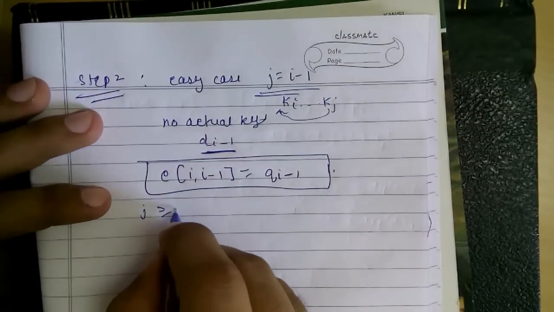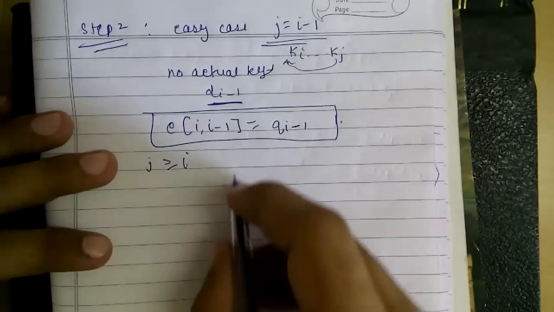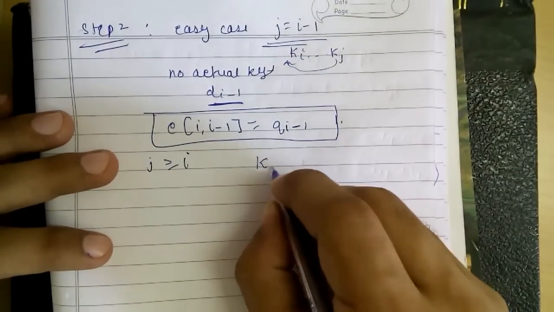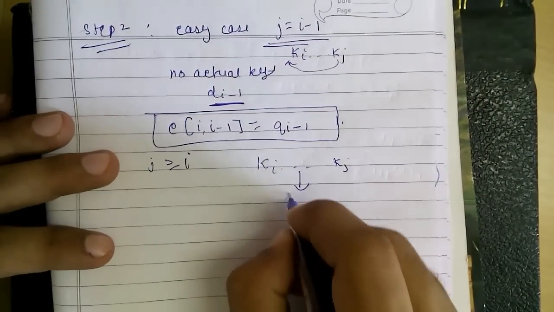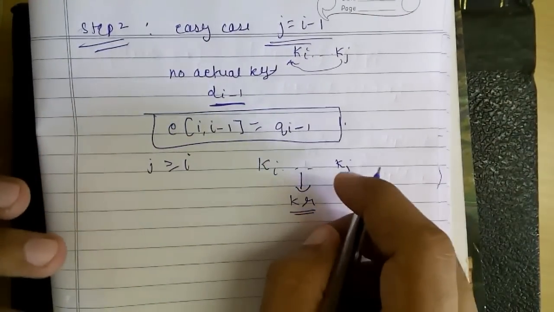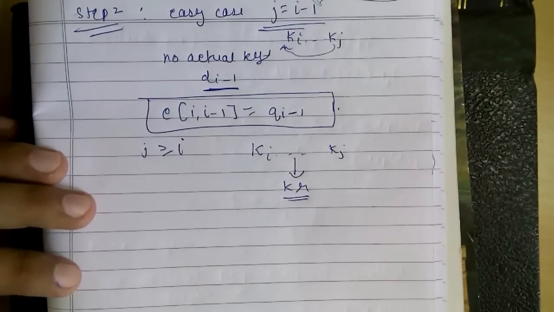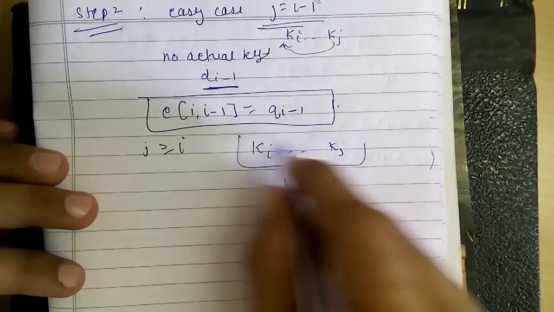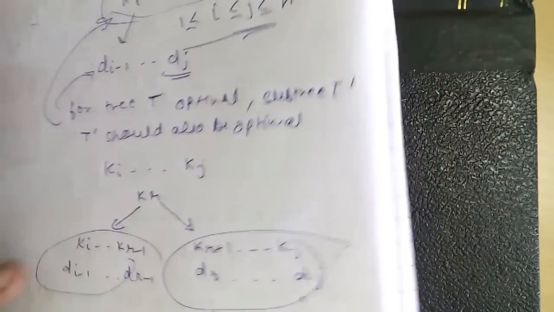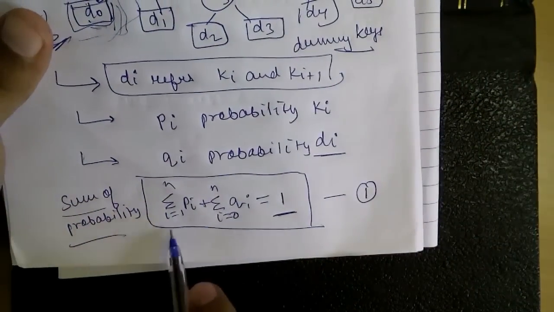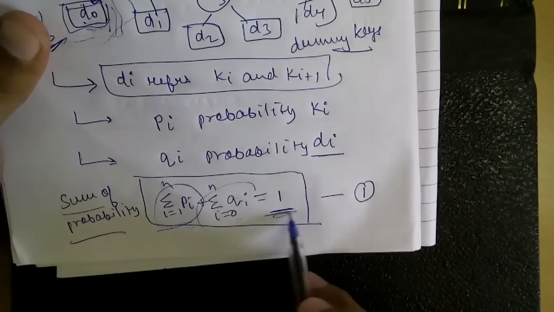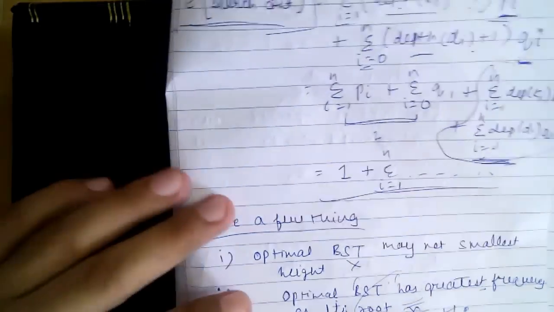And when j is greater than or equal to i, that is for the subtree we took, ki to kj, we have to select some root, that is kr. Okay, so the sum of probabilities for the whole tree, for all the keys and dummy keys, was 1, which will not be the case for a subtree, and it will be having some actual sum.